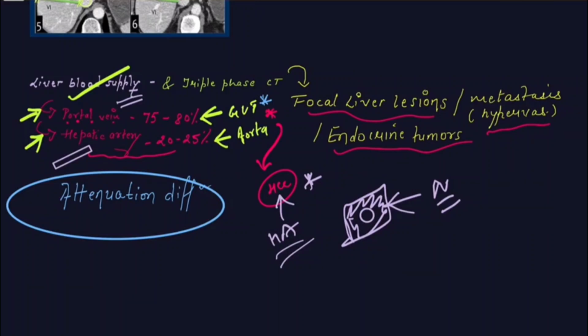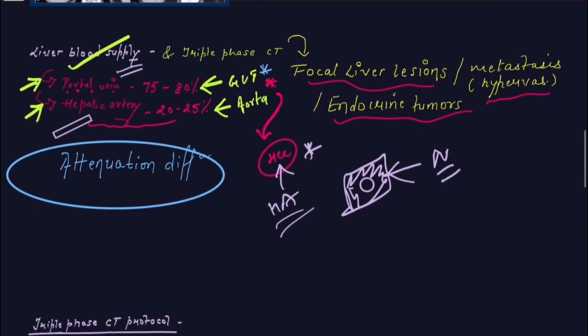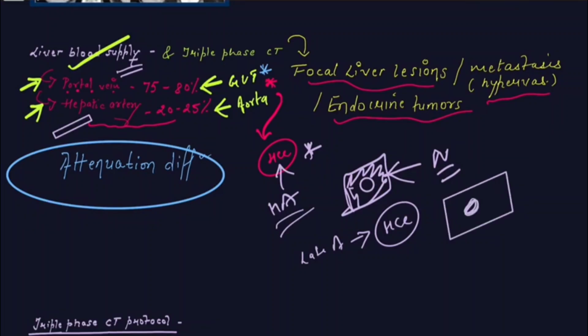For example, in the late arterial phase of the triple phase CT protocol, the HCC tumor enhances a lot. Like this is the lesion and it is enhancing a lot, and the background is not getting supply from the hepatic artery but the portal vein, so it remains slightly lesser. So this lesion stands out brighter in a background of darkness. Similarly in the portal venous phase, this HCC, because it's a tumor with poorly developed capillaries, loses contrast very rapidly.